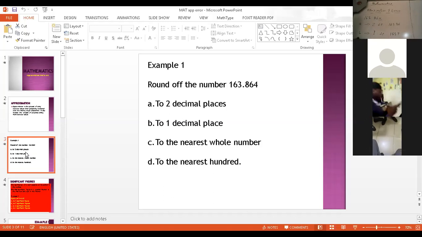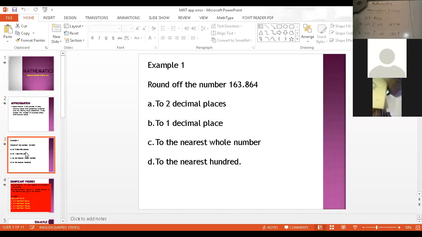Then the third part, question C. We should take it to the nearest whole number. What do we do? Remember this is a decimal fraction. The first part is the whole number.